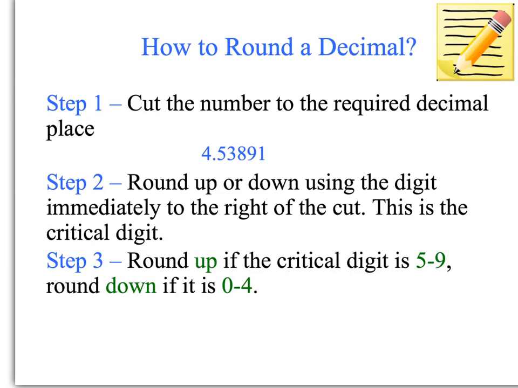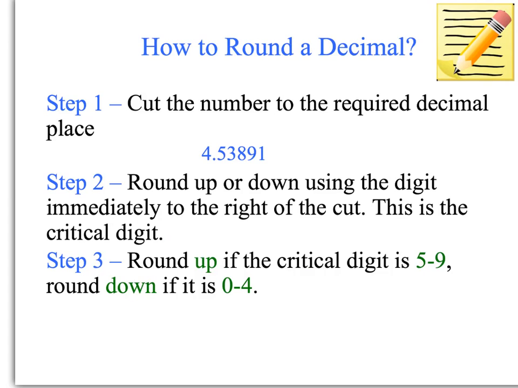Now, when we're rounding a decimal, like I said, we need to use what we know about rounding whole numbers, but there are also extra things we need to understand. So an easy way of doing it is to cut the number to the required decimal places. By cutting the number, I just mean putting a line next to the decimal place you want to round to.